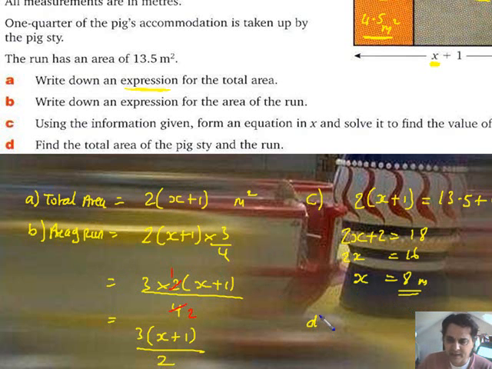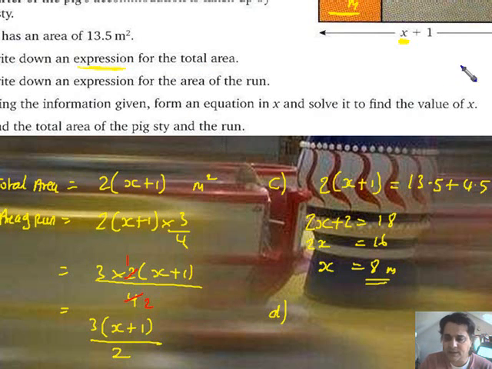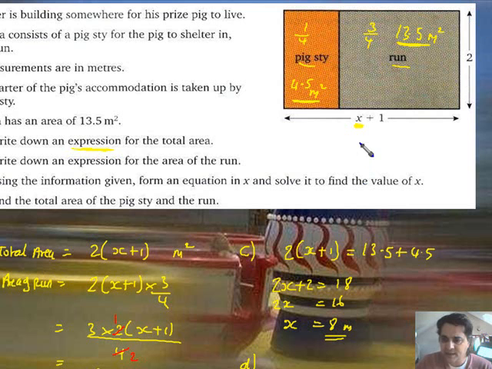And finally, the easy bit, it says find the total area of the pigsty and the run. In other words, literally the area of this and this, now that I know that x is 8.